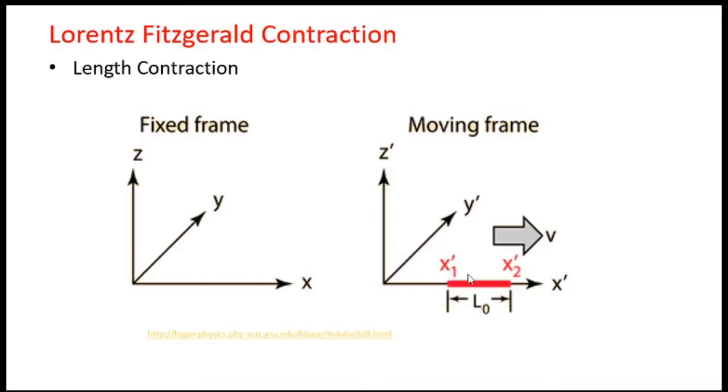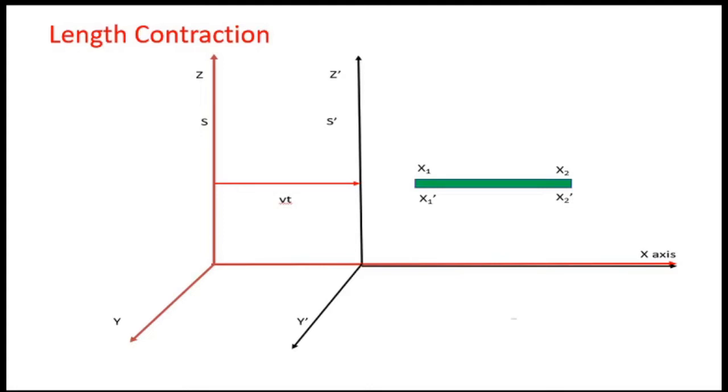The same figure can be redrawn. What I have done here is taken the two axes S and S dash and made their x-axis common, and there is a rod which has coordinates x2 and x1 in frame S, and x2 dash and x1 dash in the frame S dash, and this rod is at rest in the frame S dash.